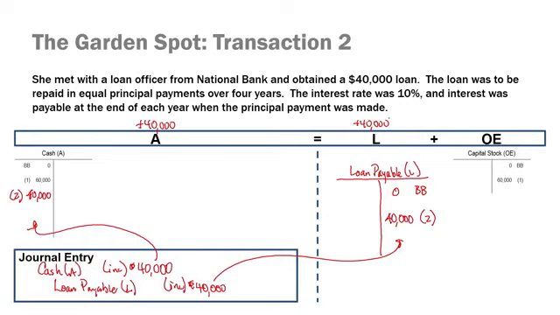With interest, we know that a future payment will be made, and that will be made on December 31st. We know how much interest will be paid on December 31st. It would be the 10% times the $40,000 loan amount, or $4,000. But the event that causes that obligation to be incurred has not yet happened.